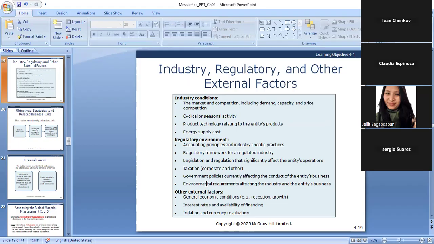The regulatory environment covers accounting principles, the regulatory framework of the industry, legislation and regulations, taxation, government policies, and environmental matters, if there are any. Other external factors include general economic conditions, interest rates, availability of financing, inflation, and the current revaluation of the company.